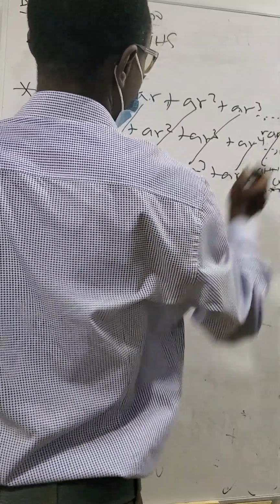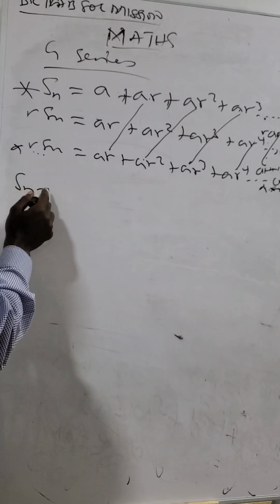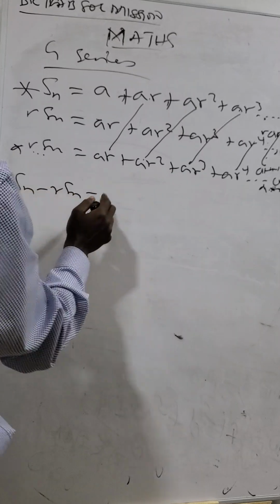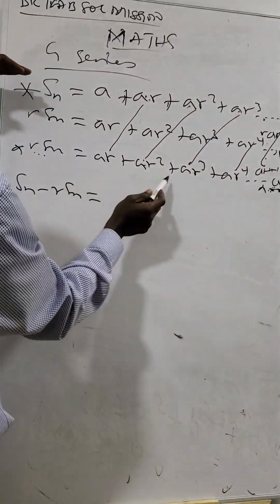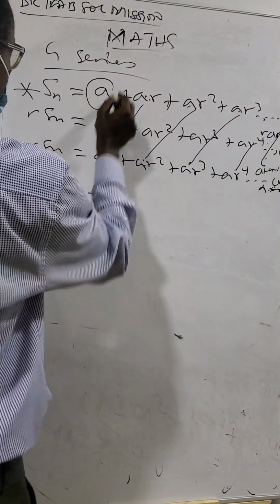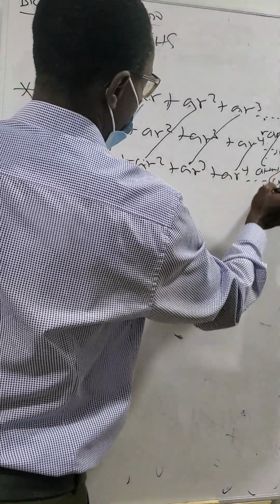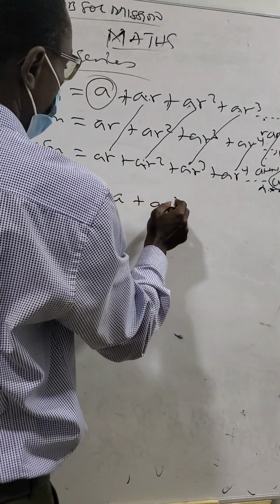So this will also take care of this. Now, if we say Sn minus r Sn, then we are going to have these ones cancelling each other because we are subtracting this equation from that. This will end up giving us this, and of course this will be left here. So we have a plus ar to the power of n.